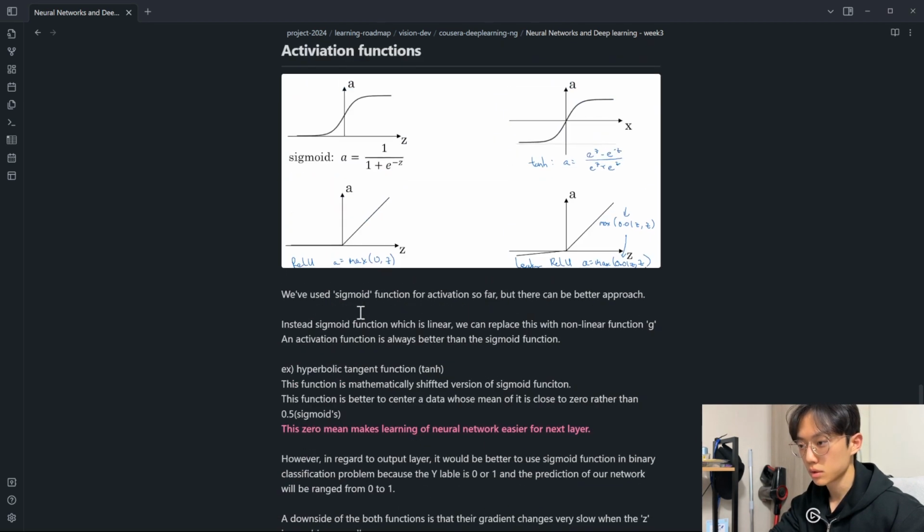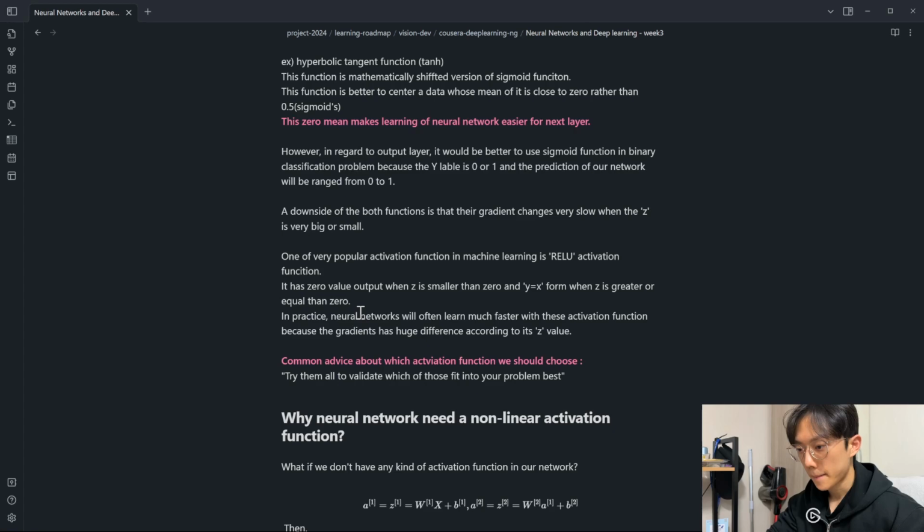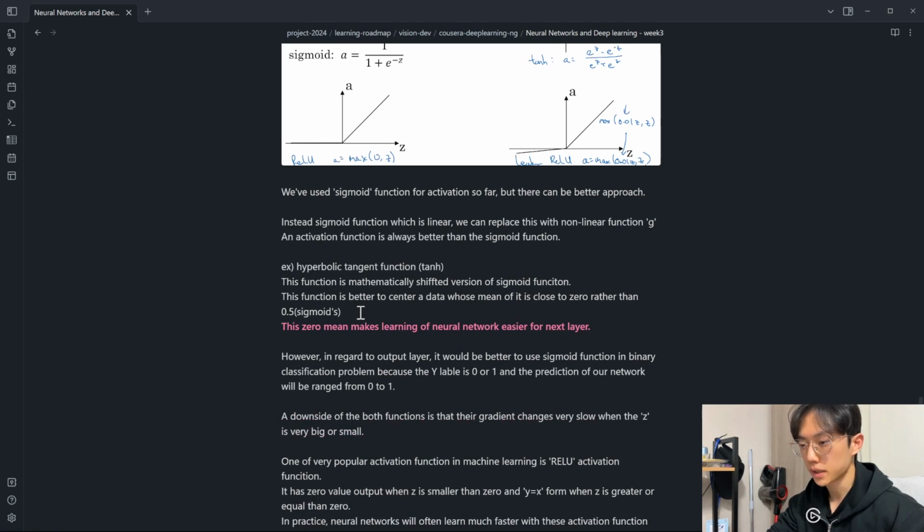So instead of using those, we can use a ReLU function, which stands for rectified linear unit. It has a zero value when g is smaller than 0, and when g is greater than or equal to 0, it equals y equals x, which is called the identity function.